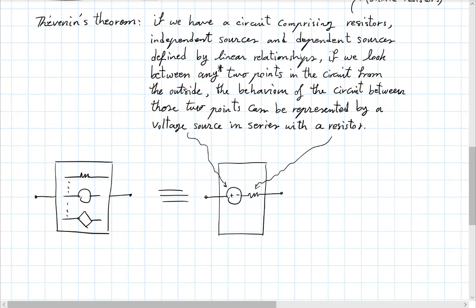So I'm building basically a bigger circuit that includes this box as part of it. And I'm saying if I'm interested in what's happening outside the box, I can replace what's happening inside the box with this.